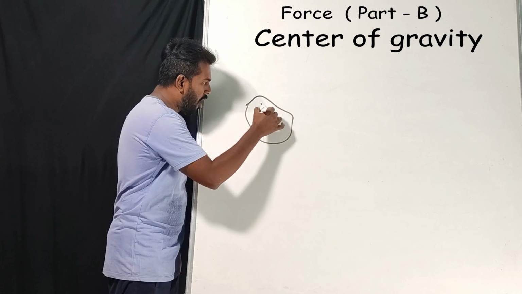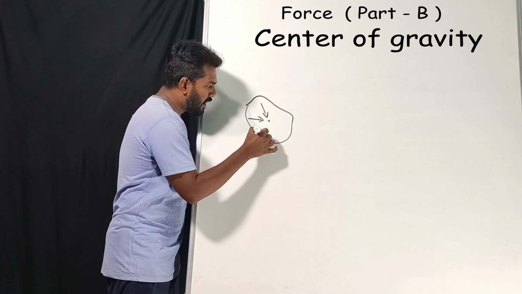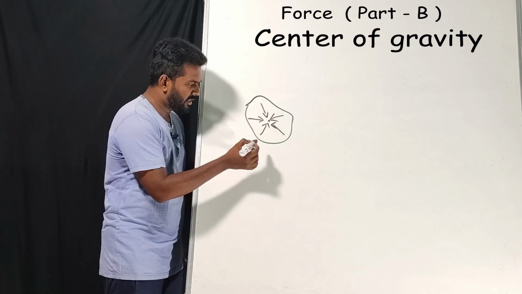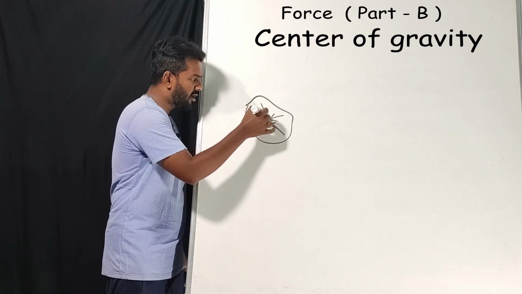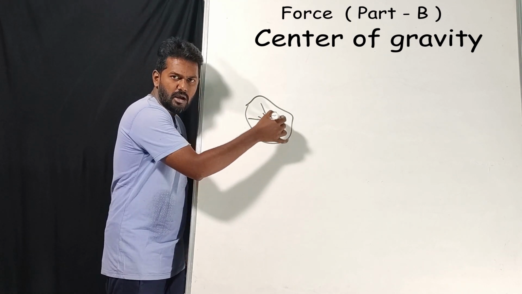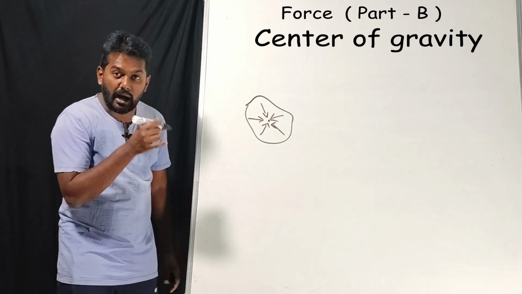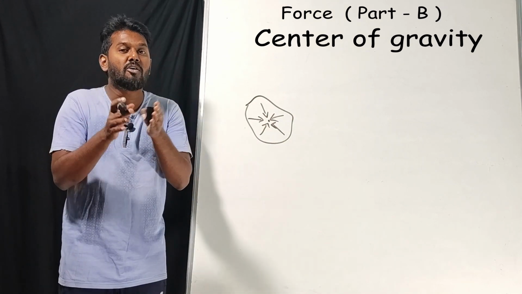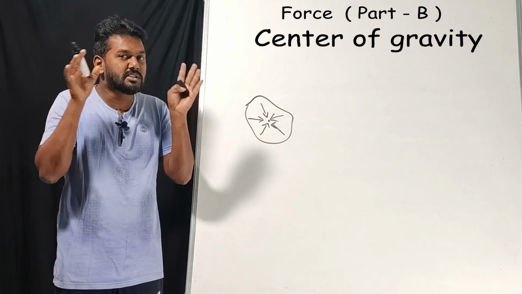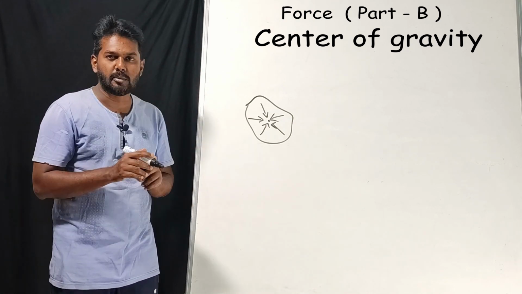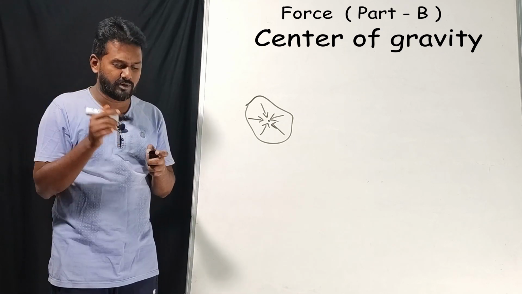That means all the weights are acting at this point, whether from downwards or upward. At this point, the sum of moments of weight is 0. This is nothing but the center of gravity.